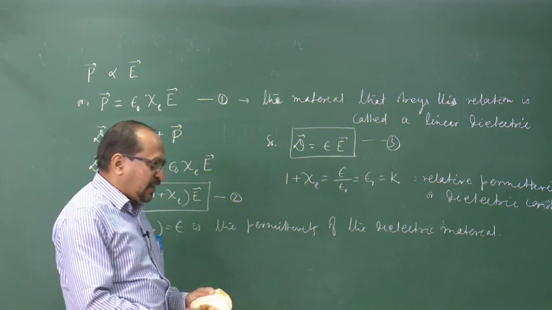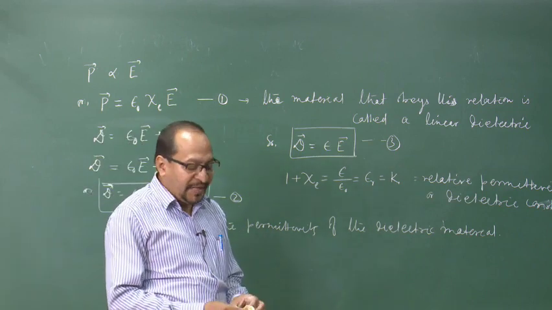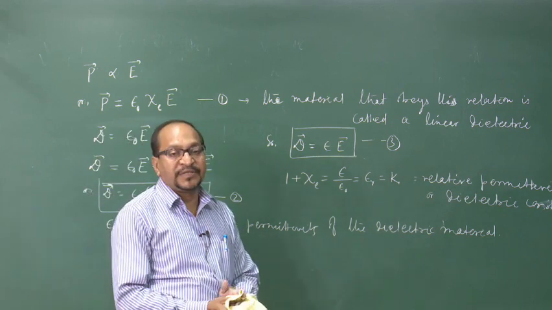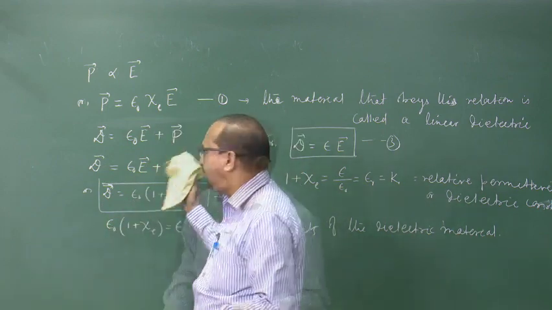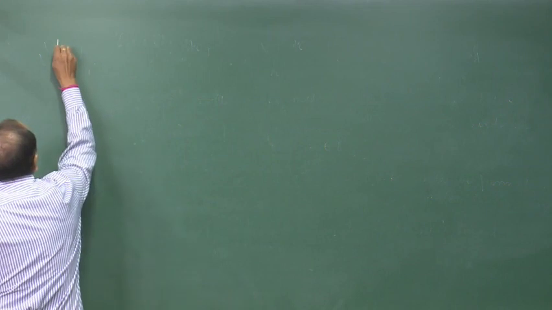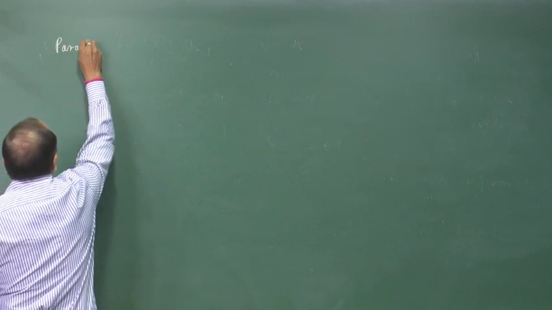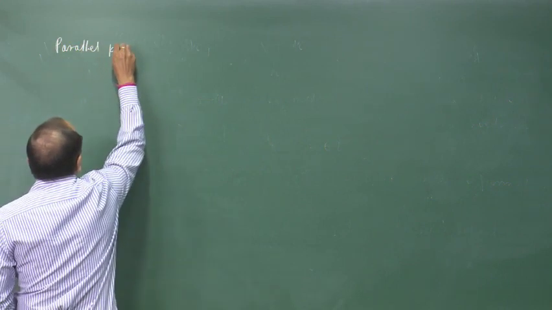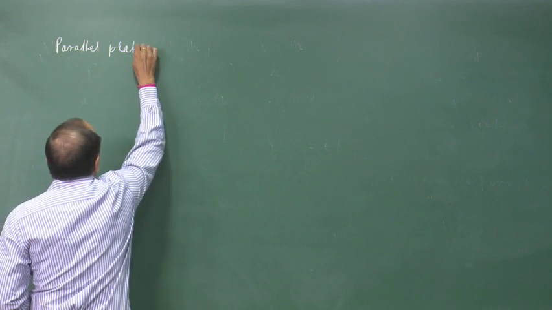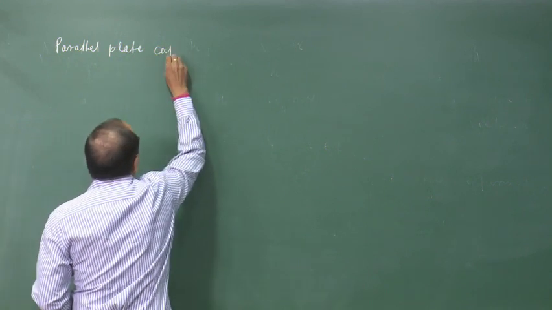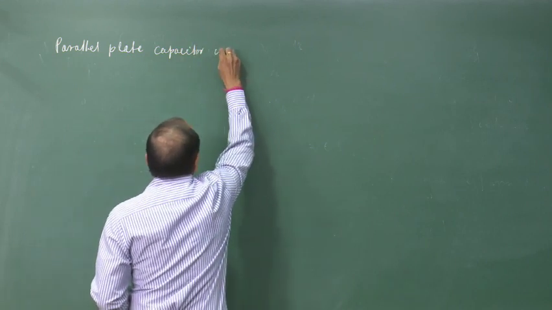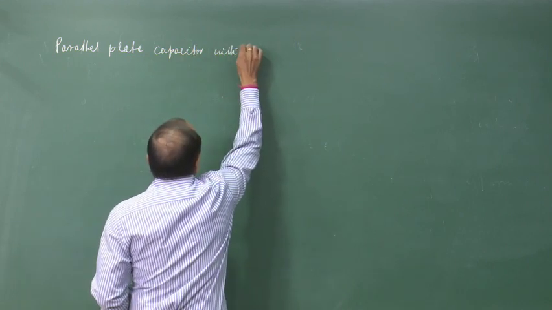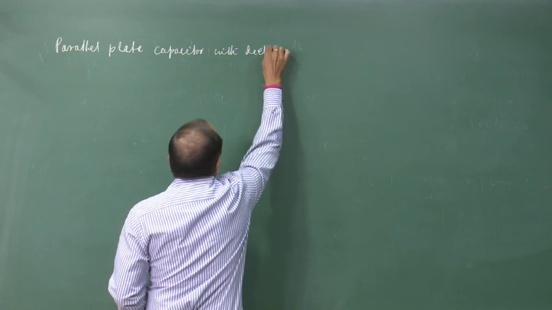In case of a parallel plate capacitor, we have derived earlier the value of its capacitance when the plates are separated by an air gap. So, we will consider a parallel plate capacitor with dielectric material.